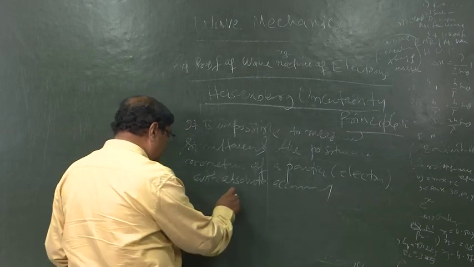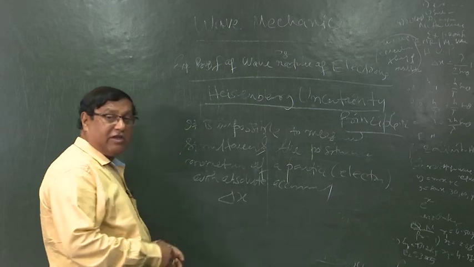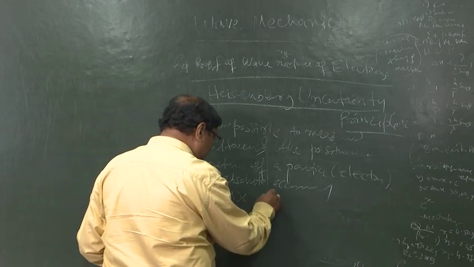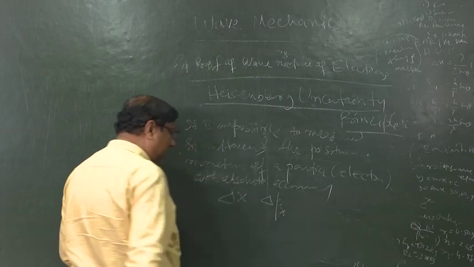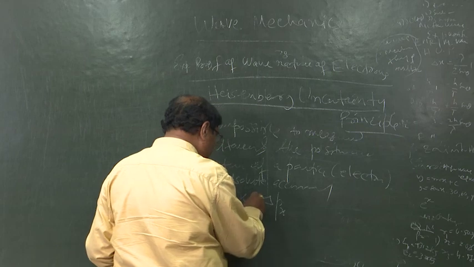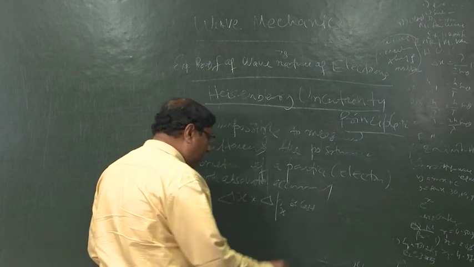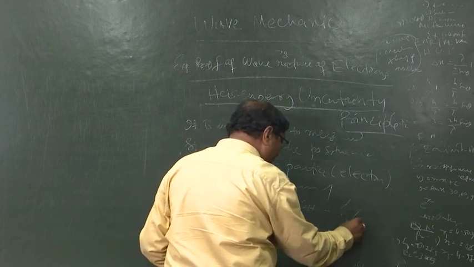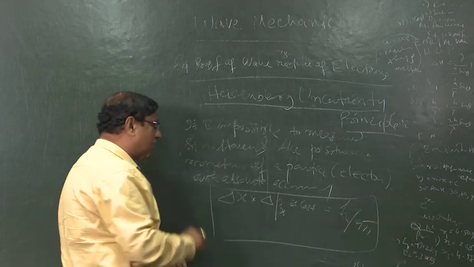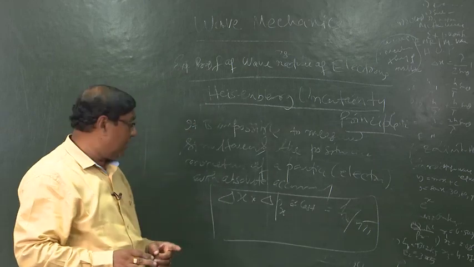It can be presented mathematically: if delta x is the error in determining the position and delta p is the error in determining its momentum, then delta x into delta p is equal to some constant, and more accurately this is equal to h by 4 pi. This is the mathematical expression suggested by the Heisenberg uncertainty principle.